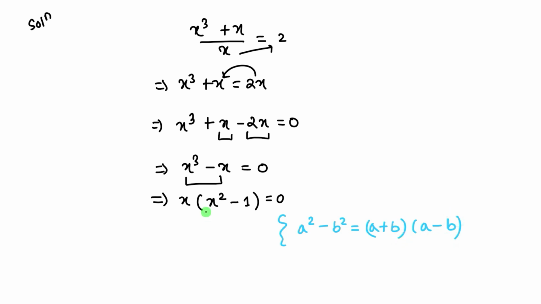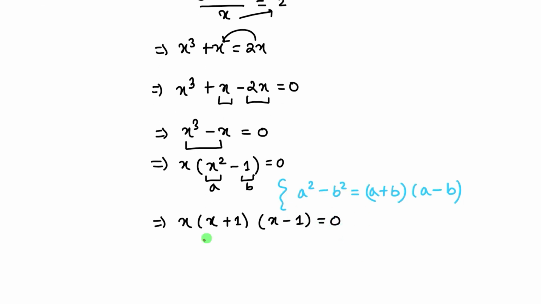Let's consider this x as a and 1 as b. So in the next step, I can write x multiplied with (x plus 1) multiplied with (x minus 1) equals 0. Now here we can equate each term with 0.